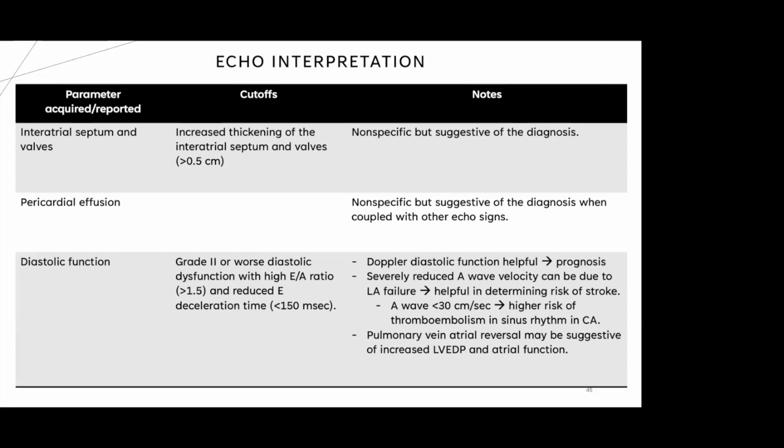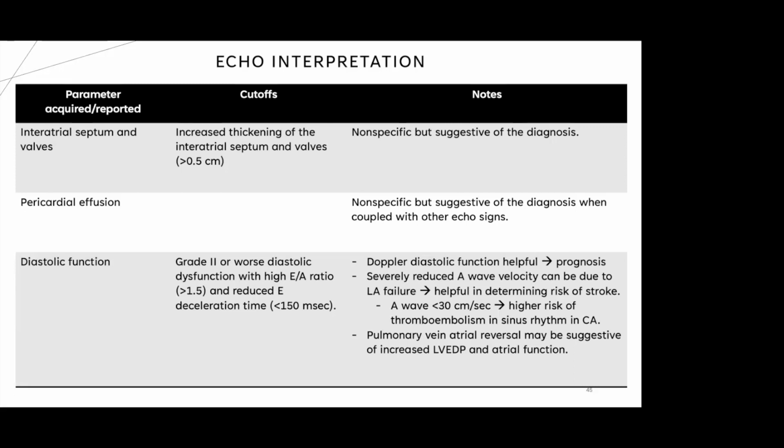And the lower the A wave, the more helpful it is in determining the risk of stroke. Patients with an A wave less than 30 centimeters per second often have a higher risk of thromboembolism when they're in sinus rhythm with cardiac amyloid.